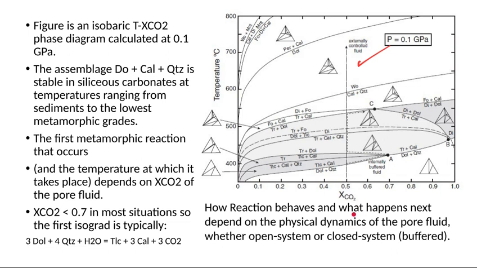Closed system means no fluid is getting out of the system, but in case of open system, fluids are getting out of the system and coming again inside the system. Okay, so we are going back to the diagram.